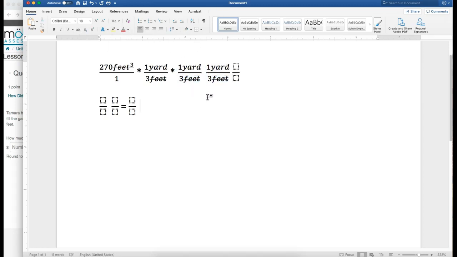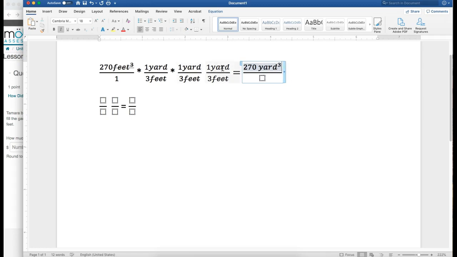So now to multiply fractions, we multiply all of the numerators, and then divide by the multiplication of all the denominators on the bottom. So 270 times 1 times 1 times 1 is 270. I guess we should get an equal sign here. This gives me 270 yard times yard times yard gives me yard cubed.